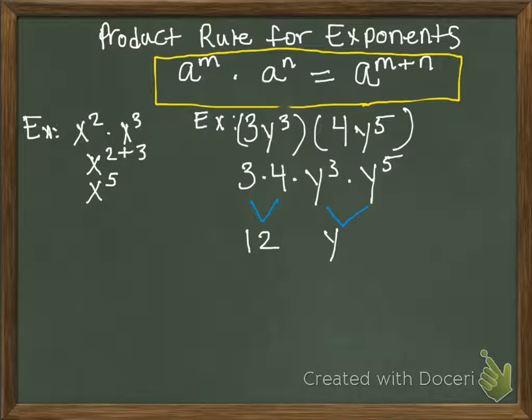In this example, we multiply the two coefficients together. 3 times 4 is 12, and y to the third times y to the 5th is equal to y to the 3 plus 5, which is y to the 8th. Thus, our solution is 12y to the 8th power.